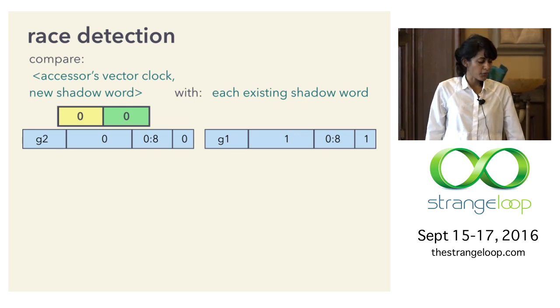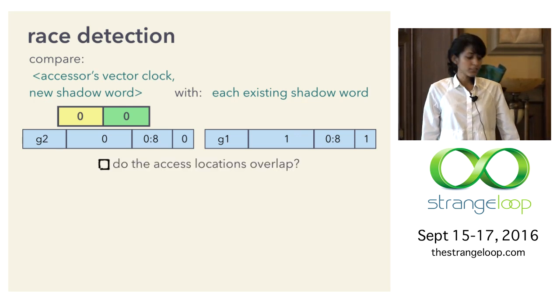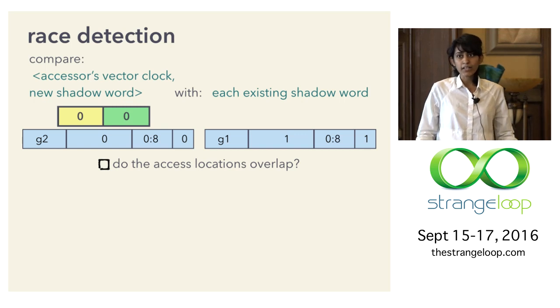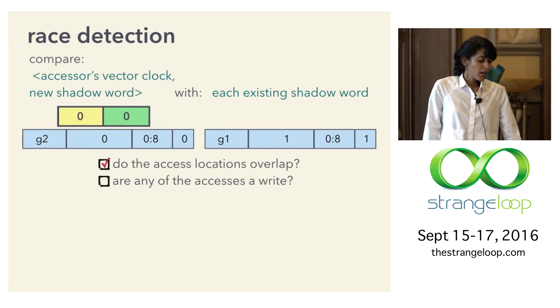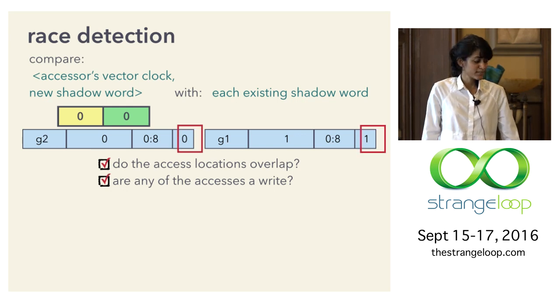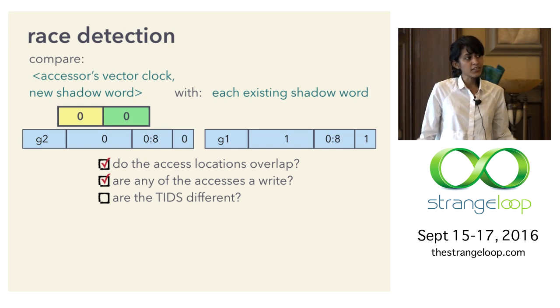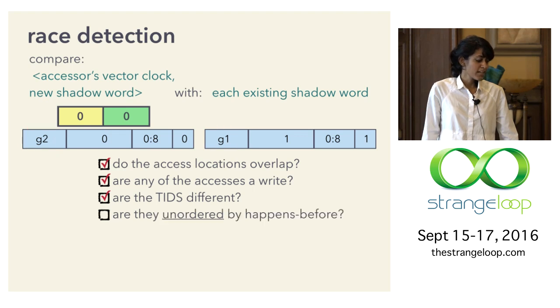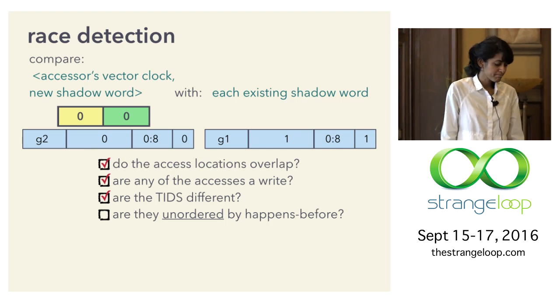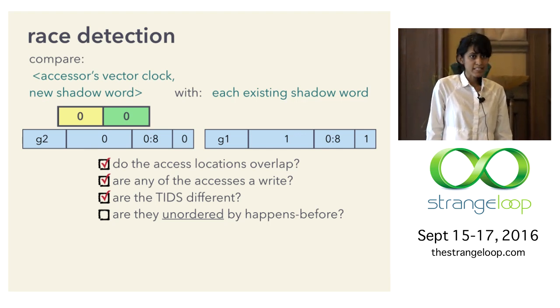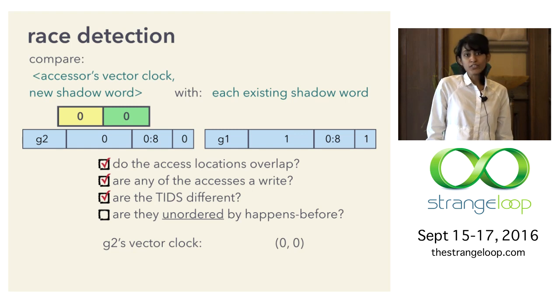So what exactly are we checking for? One, do the access locations overlap, right? Are they accessing a shared memory location? Yes, they are. Are any of these accesses a write? Why, yes, they are. Are the TIDs different? Are these two different Go routines? Why, yes, they are. And lastly, can we establish a happens before edge between them? Well, let's see. We're going to use vector clocks, right?